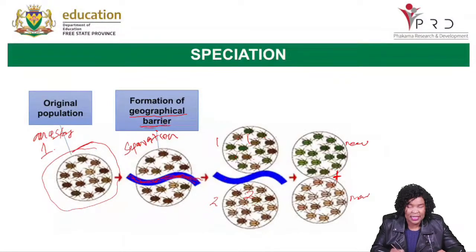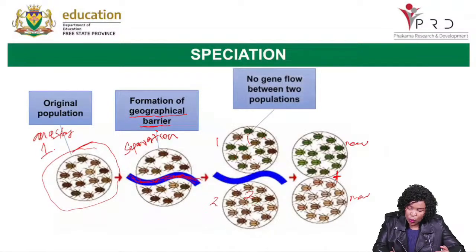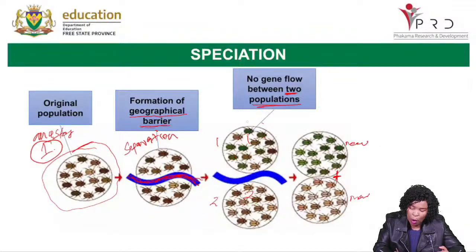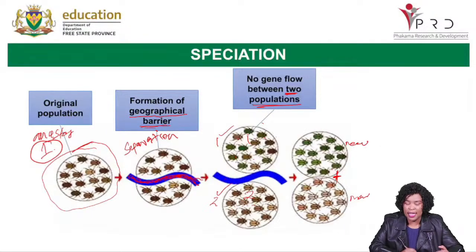Obviously, when you separate something, what do you end up with? It's like you are dividing it into two. So you end up with what? With two populations. Remember, you started with one population, and then there was a geographical barrier, and then you end up with two populations, population 1 over here and population 2 over here.